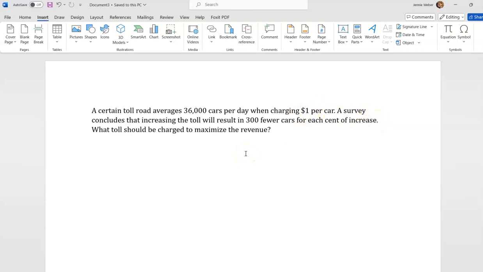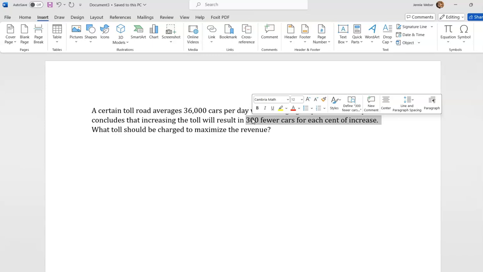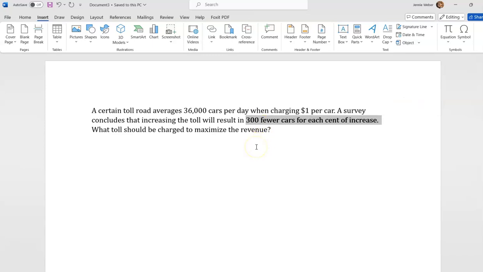So the first thing we need to do is write a linear equation that gives us how many cars we're going to get. We're told the slope: 300 fewer cars per cent of increase. So in other words, negative 300 cars per cent.